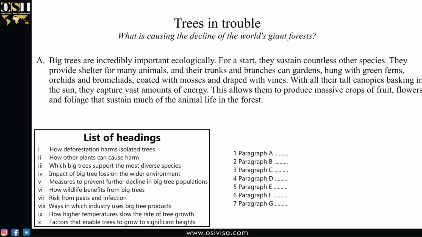Now let's read the first line and the last line of this paragraph. This is going to be the most important strategy when it comes to reading heading matching questions, and also locating information questions. Every time someone writes a paragraph, a research report, an essay or even an article, there is a general way to approach things.